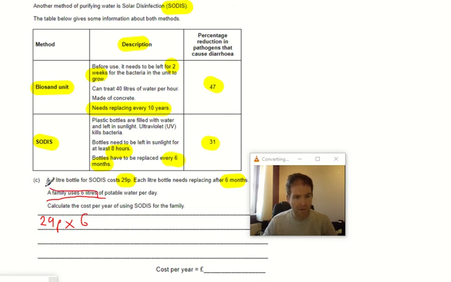So we've got 29 times by 6, which equals, let's get the calculator out, £1.74.